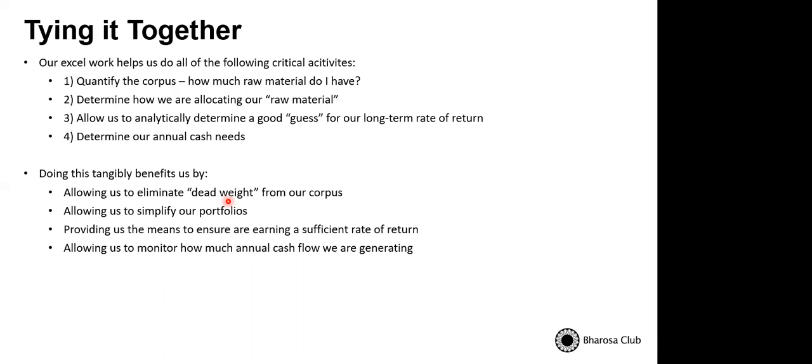So managing the corpus means determining how we are allocating that raw material, how we think that raw material is going to perform in the future, and determining our annual cash needs and whether enough of that is coming from dividends or we need to allocate more of it into cash generative investments.